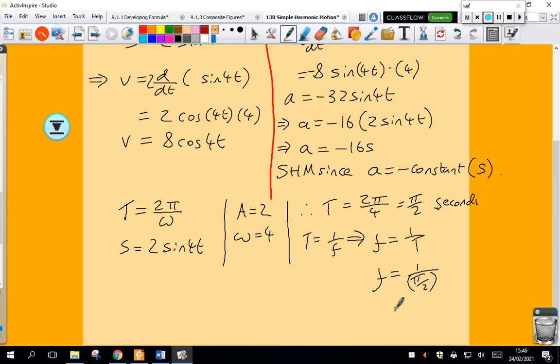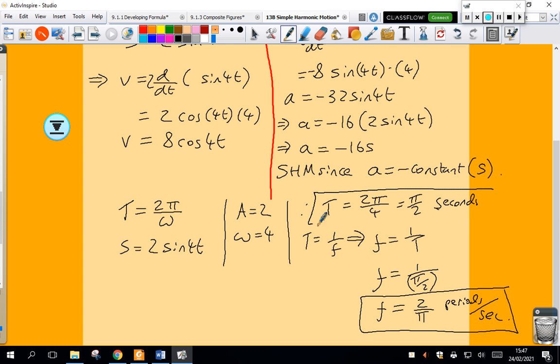The reciprocal of pi over 2 is just 2 over pi, and those are periods per second. So that's my frequency: 2 over pi periods per second. The period is pi over 2 seconds per period. It's just the reciprocal; one is the reciprocal of the other. Okay, so that's how we prove simple harmonic motion.